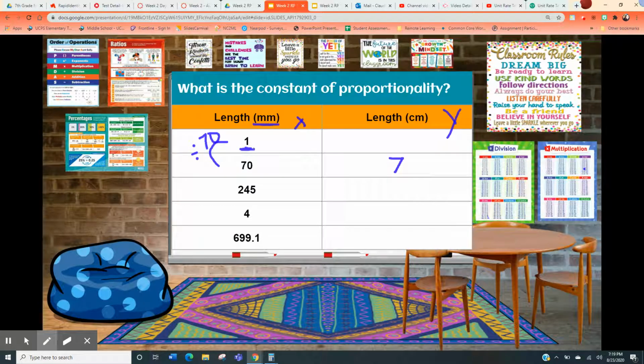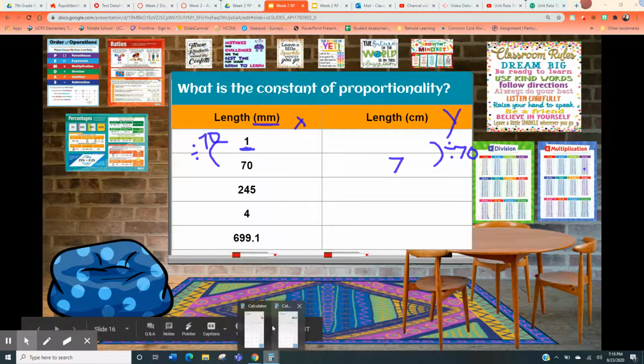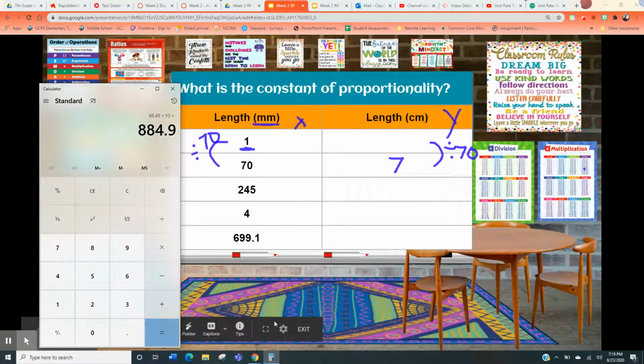So I'm going to do the same thing on the other side. Remember, whatever you do to one side, you do to the other. So I'm going to take 7 and divide it by 70. Remember, when you put it in your calculator or you solve by hand, you want to make sure that you're putting it in the same way you're saying it.